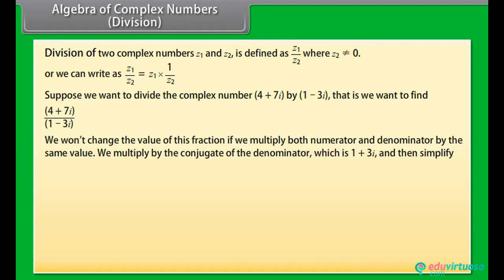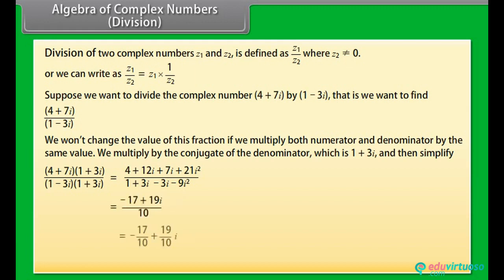We multiply by the conjugate of the denominator, which is 1 plus 3 iota, and then simplify. (4 plus 7 iota) into (1 plus 3 iota) divided by (1 minus 3 iota) into (1 plus 3 iota) is equal to 4 plus 12 iota plus 7 iota plus 21 iota square divided by 1 plus 3 iota minus 3 iota minus 9 iota square.